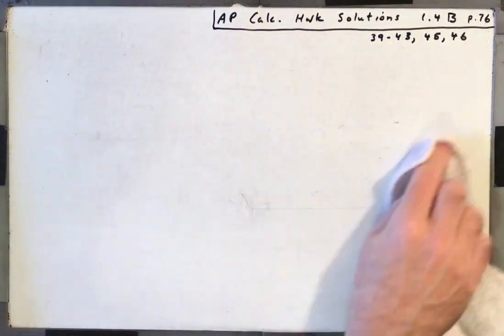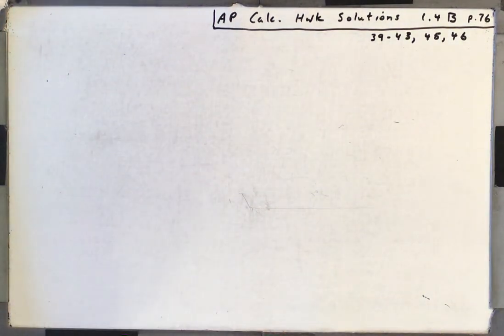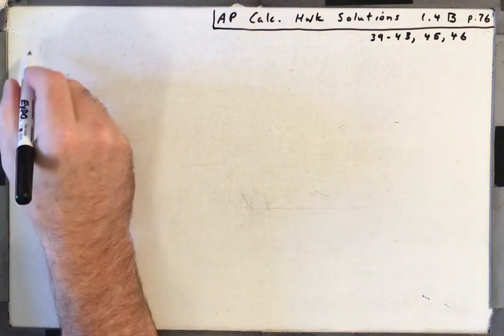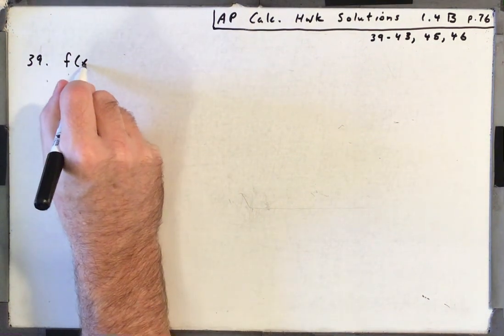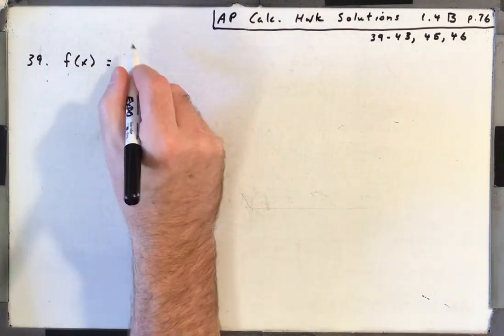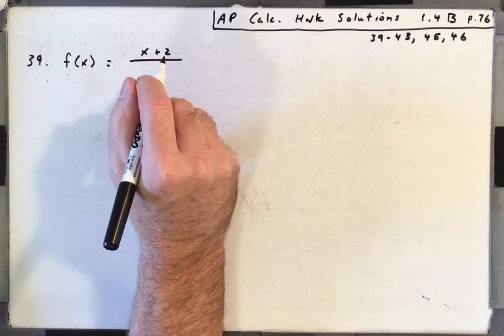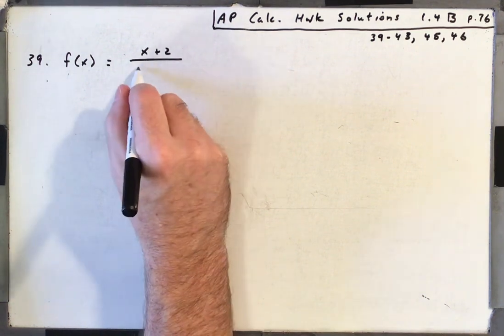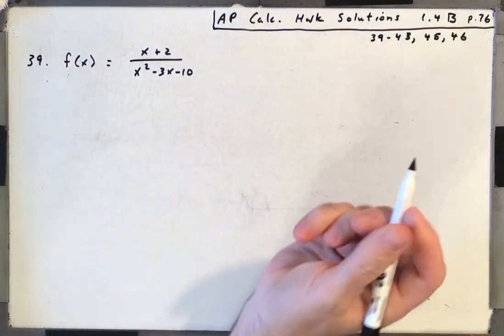All right, got those done. So 39. We have f of x is equal to x plus 2 over x squared minus 3x minus 10.